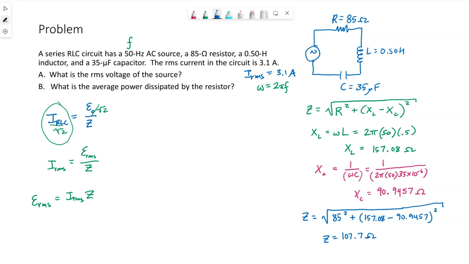Z, the impedance, represents the overall ohms in the circuit. So kind of an equivalent resistance of sorts. Not exactly the same thing, but it does directly relate to how much current can flow. So coming back to this left side, where we were talking about the source voltage, we're given the RMS current that is flowing.